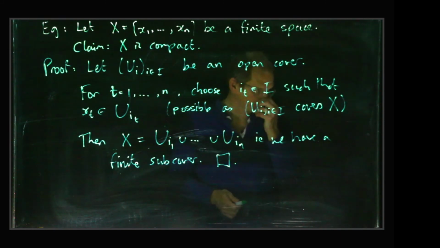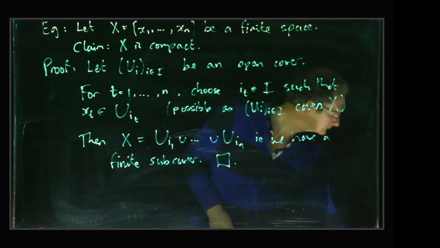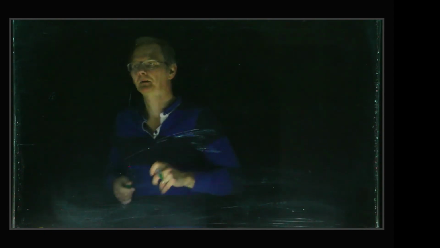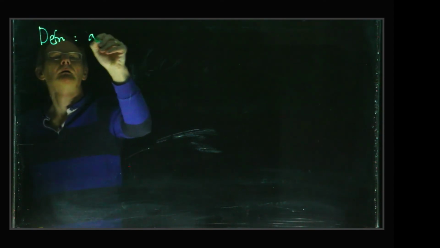Okay. So finite spaces are compact. Another major source of compact spaces is the theorem from the metric space course, which we need to recall.